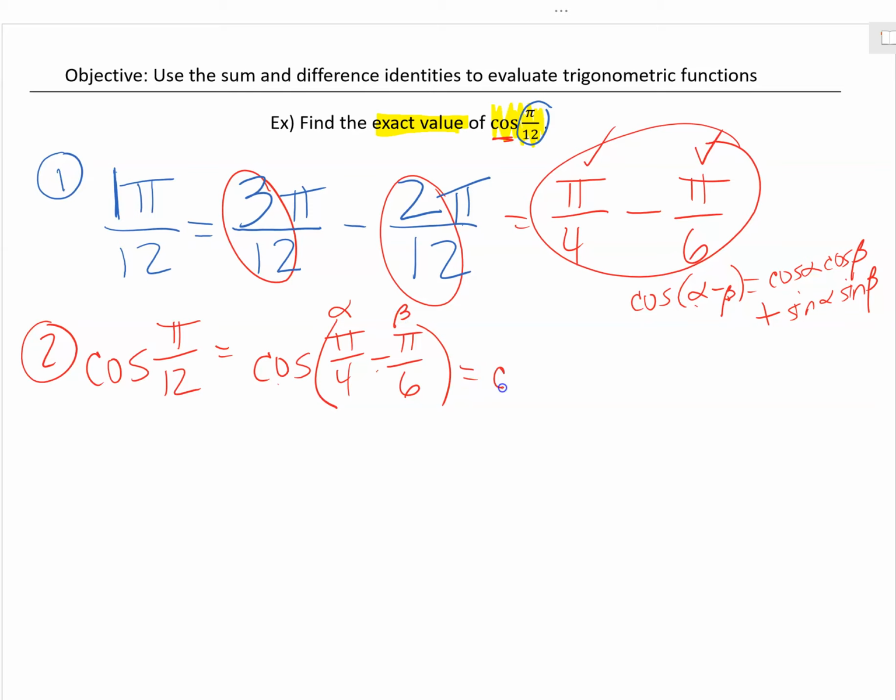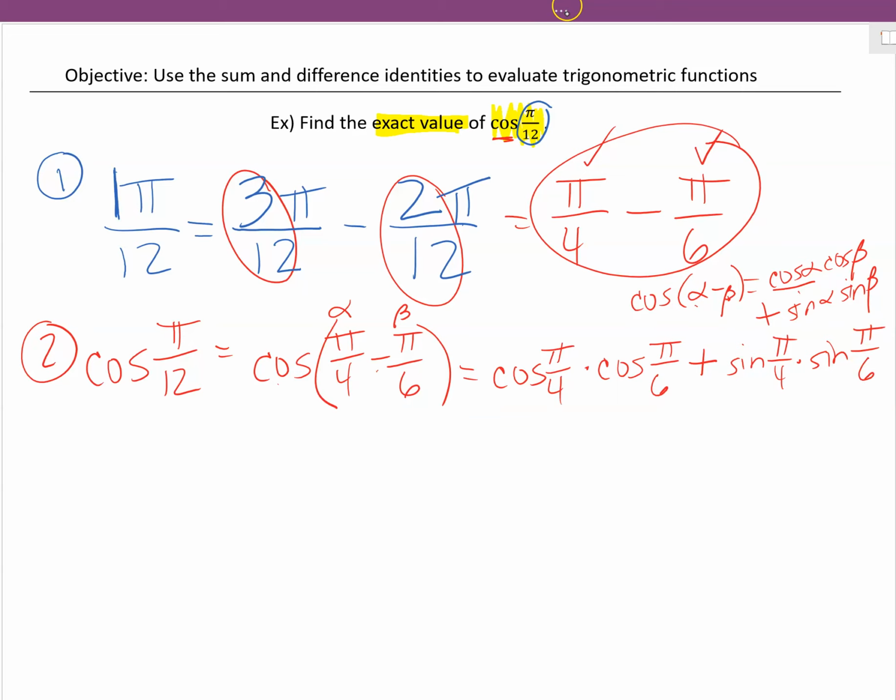So when I write cosine of alpha, that's my cosine of pi 4ths, times cosine of beta, which is pi 6, and then plus sine of alpha, which would be sine of pi 4ths radians, times sine beta, which would be the sine of pi 6 radians.